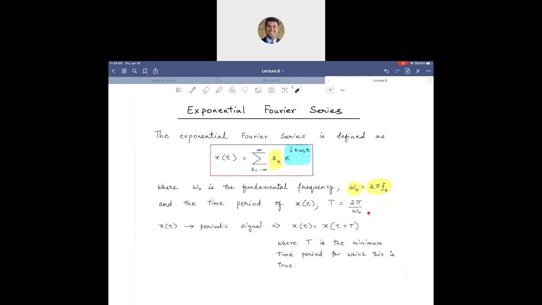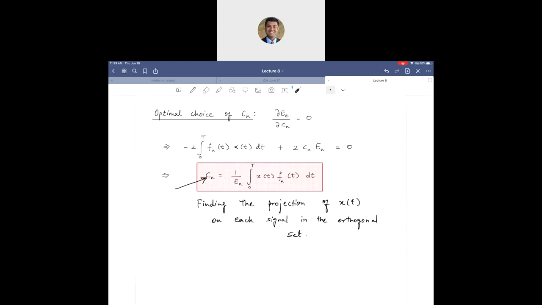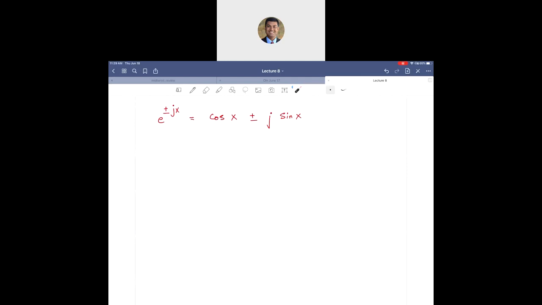Is it periodic? You look at those complex exponentials. Can I write those complex exponentials using Euler's identity? Let's write that. E to the j k omega naught t, what is that?